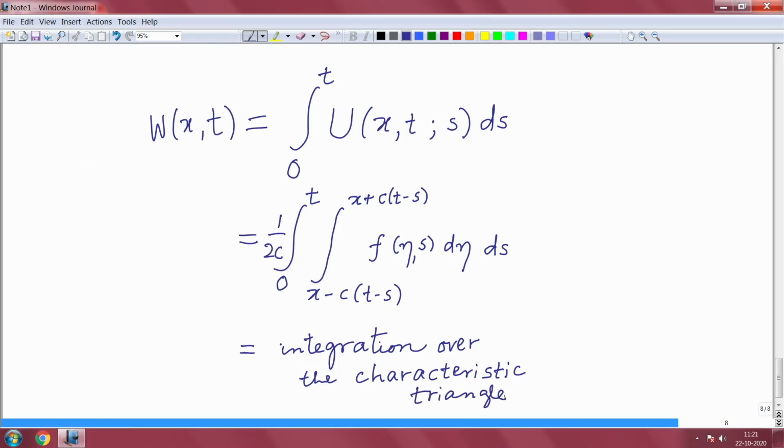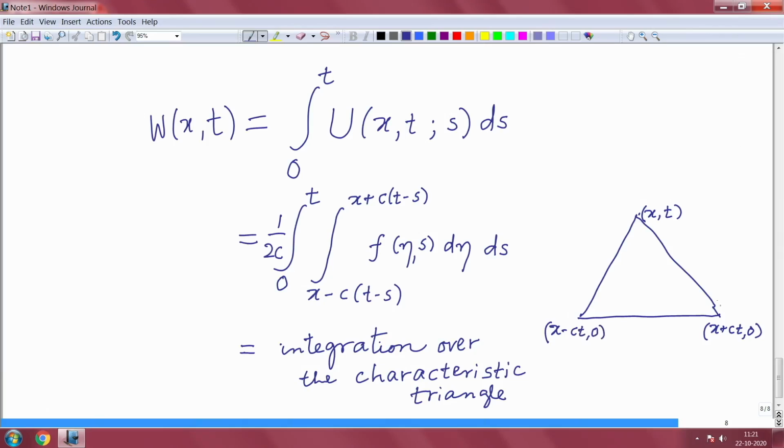So, what is this characteristic triangle? A point x, t is given. So, t is positive, and we want to evaluate that solution at that point. So, what you do is you just take these characteristics. So, this is the x axis, that is the t equal to 0 line. So, this is x plus ct, 0, and this is x minus ct, 0.